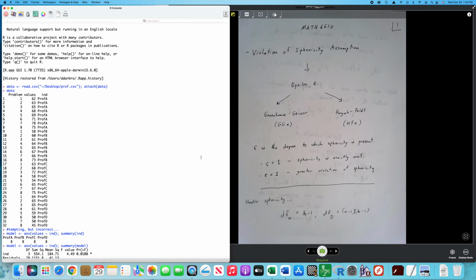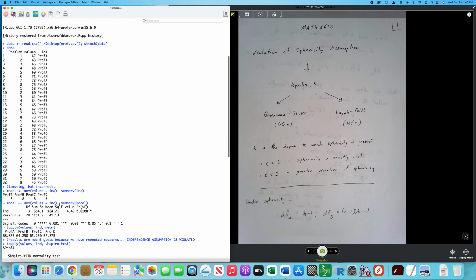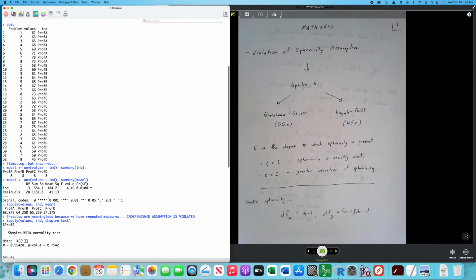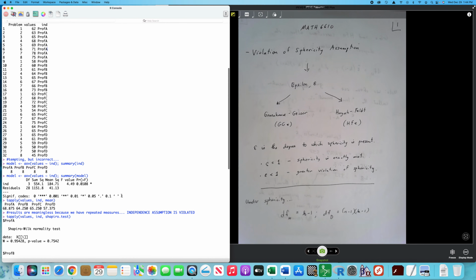Now, although it's tempting to just look at the means of the values across professors, I don't know what I did right here. That's not what I meant to do. What I meant to do was to look at this model, right? And although that's tempting, it's not correct. Why?